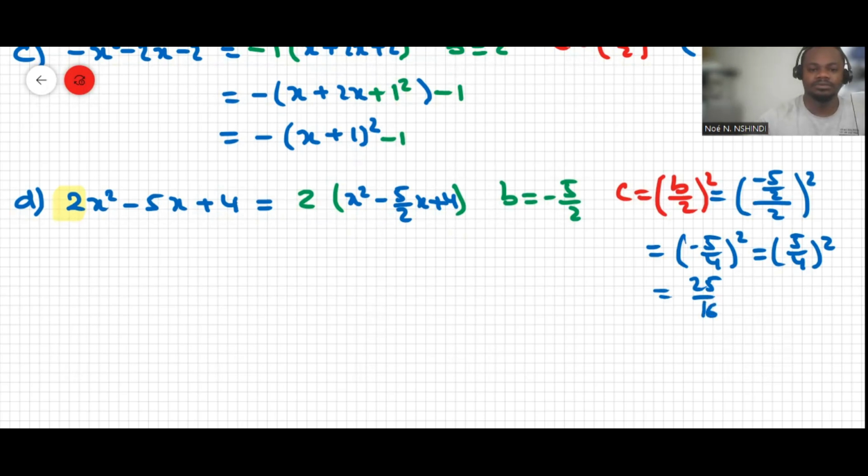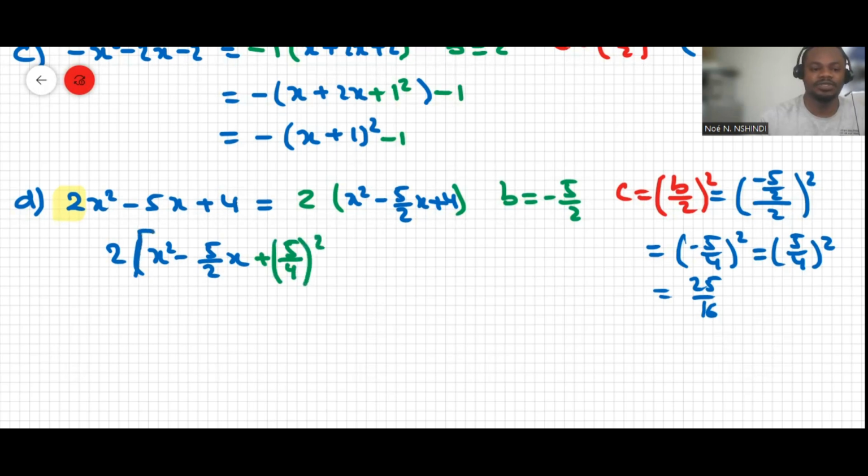Now, we can write it as 2, open brackets, x squared minus 5 over 2x plus 5 over 4 to the power of 2.